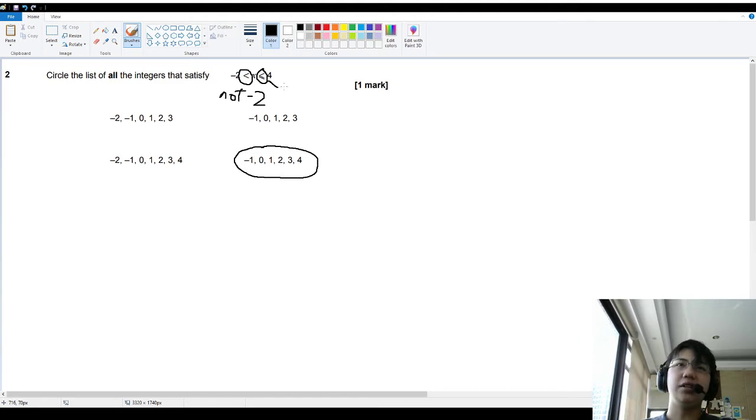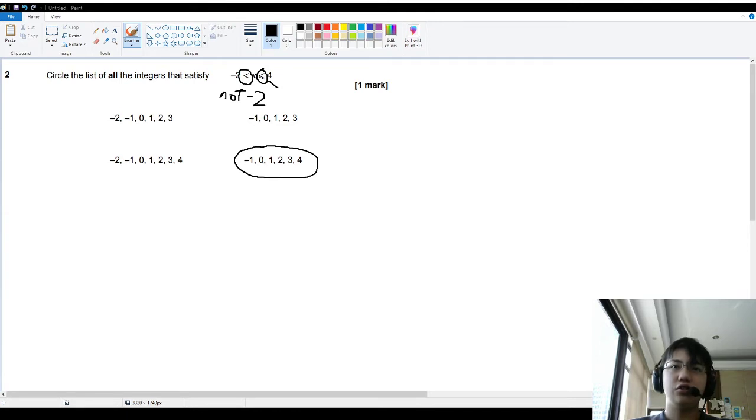So x can be less than or equal to 4, but x is greater than -2 and can't be -2 itself. So therefore this series of numbers is the answer to question 2.